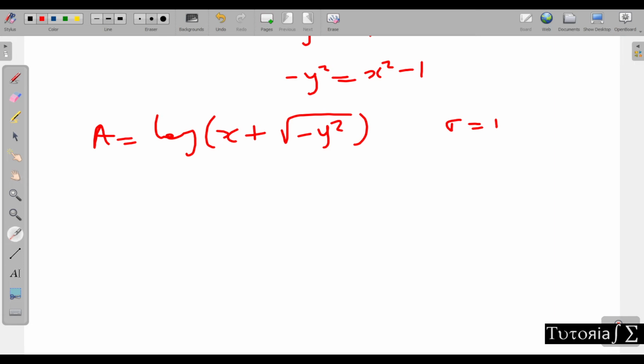So now here, what is this equal to? What will this be equal to? When we simplify, what are we going to have? What will that be equal to?